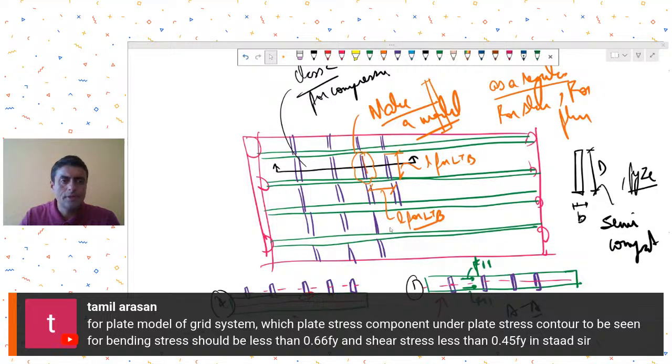Okay, so in this case the green plate bends like this. You need the bending stresses, which will be shown by F11, or whatever STAAD calls it, Fx. I'm forgetting what STAAD calls it, but the bending stresses will have to be checked in this manner. Okay.